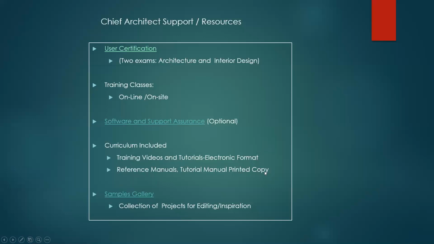The printed copies are an additional charge, but we have plenty of electronic format that comes with your program when you purchase that. We also have a huge samples gallery, and this is a collection of projects that you can use for inspiration or for maybe editing with their own ideas, and also step by step how to create different samples that you'll see on our gallery.